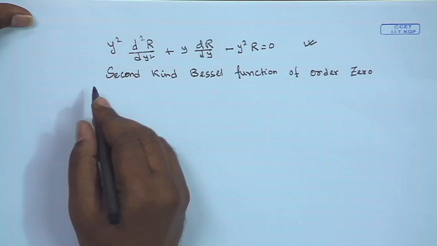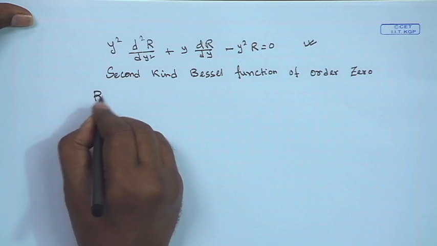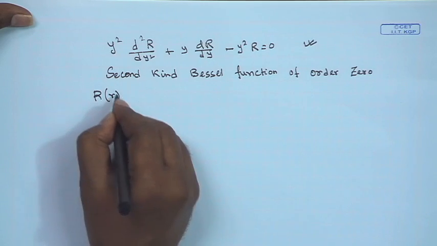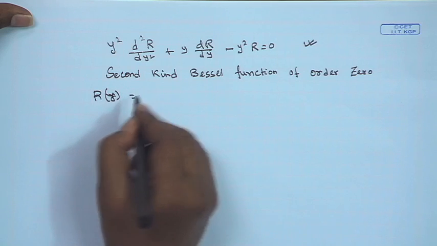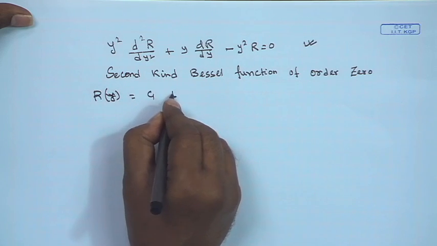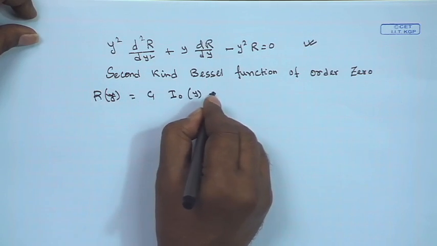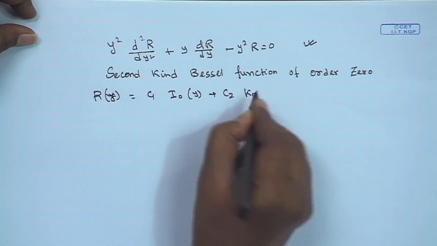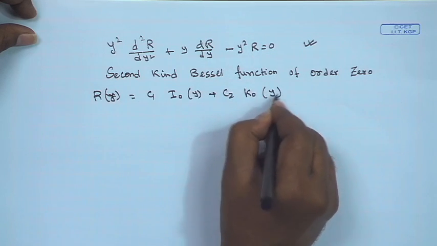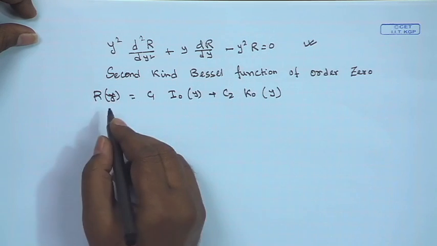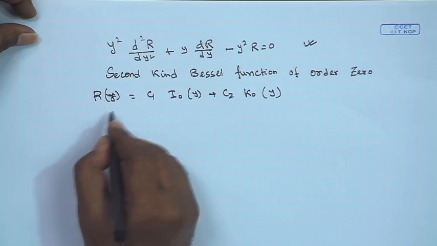So, the solution is a superposition of I0 and K0. So, if you now write the solution, R of y is C1 I0(y) plus C2 K0(y), and y is lambda r.